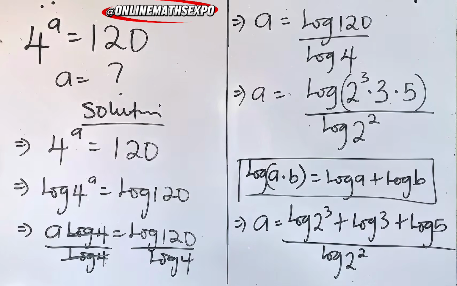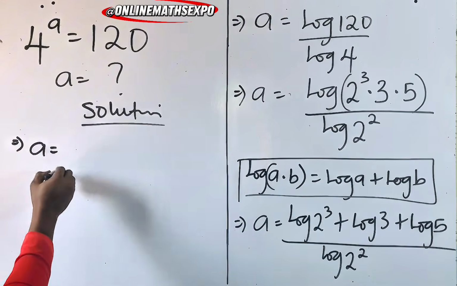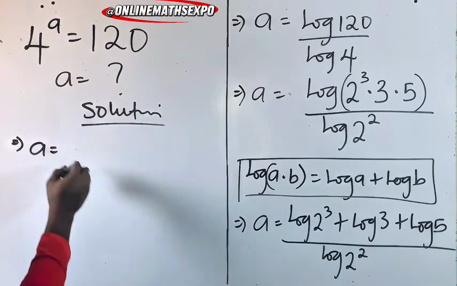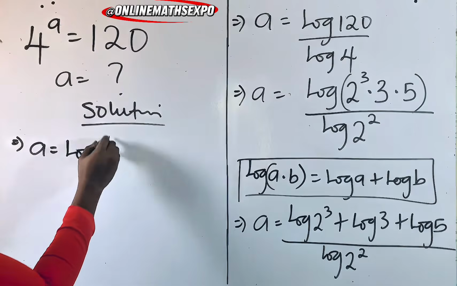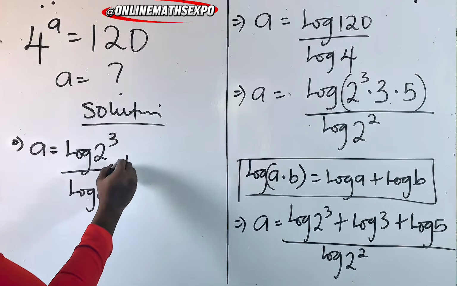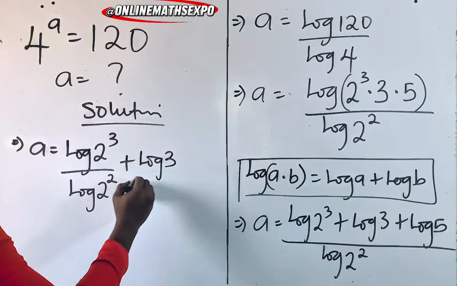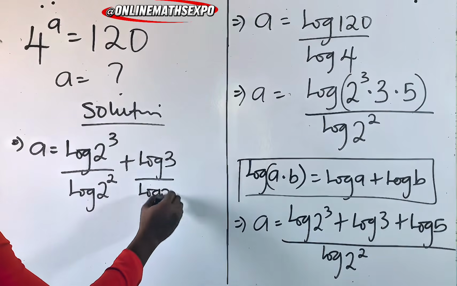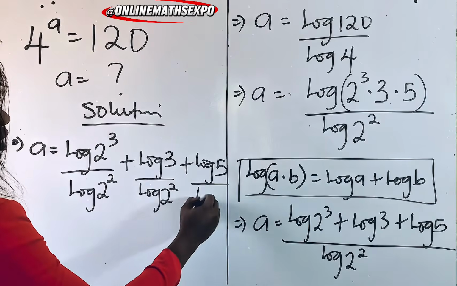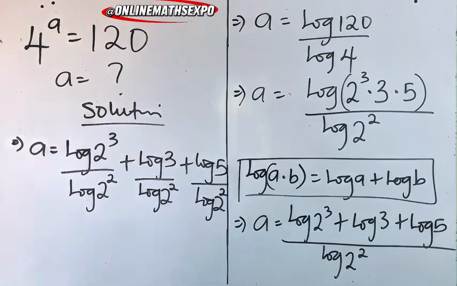Keep simplifying. We have a is equal to, use this to divide each numerator. So we have log of 2 cubed divided by log of 2 squared plus log of 3 divided by log of 2 squared plus log of 5 divided by log of 2 squared.